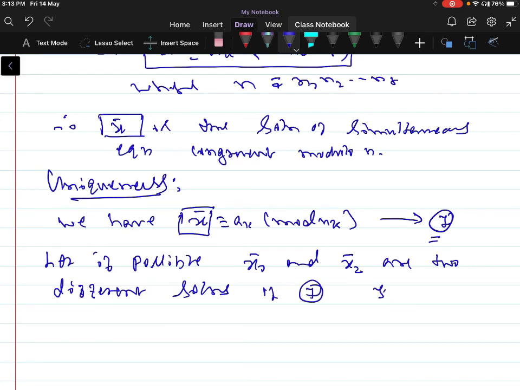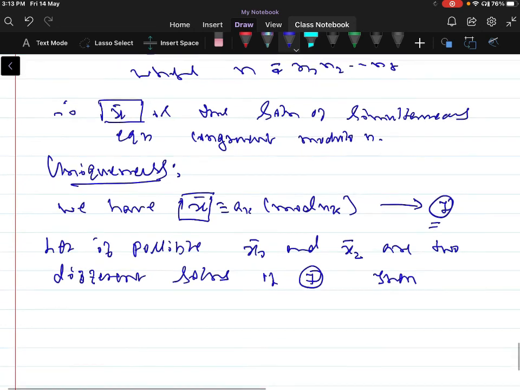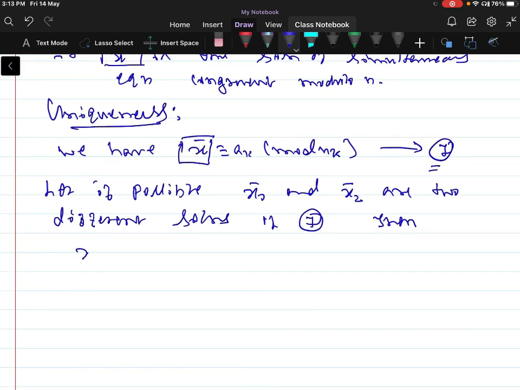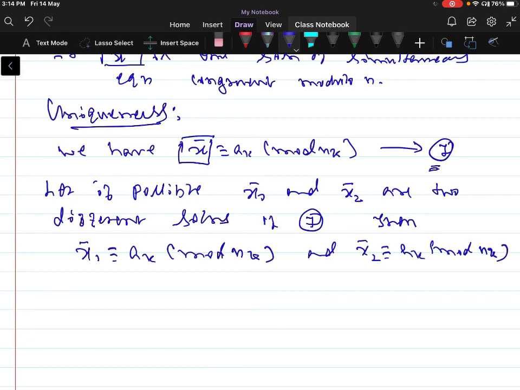Then x1 bar is congruent to ak modulo nk, and x2 bar is also a solution of equation 7, that is congruent to ak modulo nk.